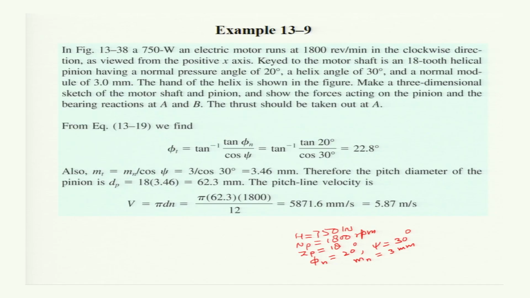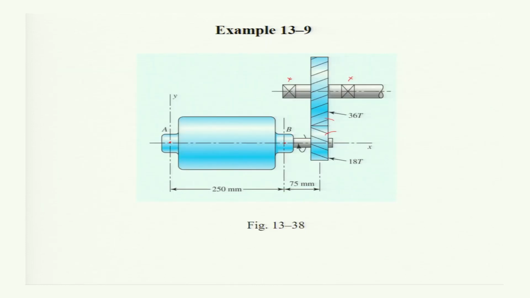Make a 3-dimensional sketch of the motor shaft and pinion and show the forces acting on the pinion and the bearing reactions at A and B. The thrust should be taken out by A. Now, as the power is transmitted with the help of a helical gear, there will also be an axial load, so the axial force will be exerted on the motor shaft by the gear mechanism.